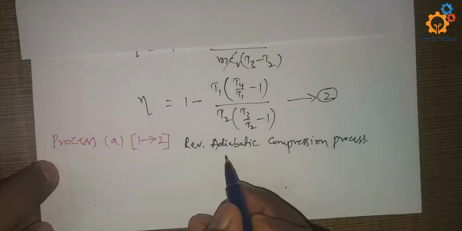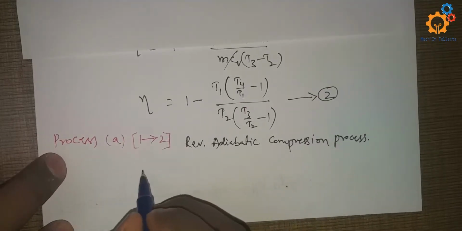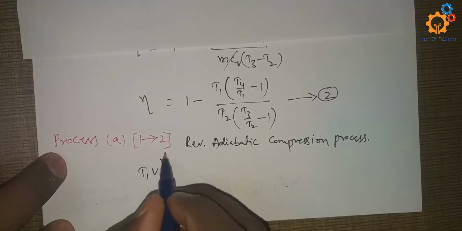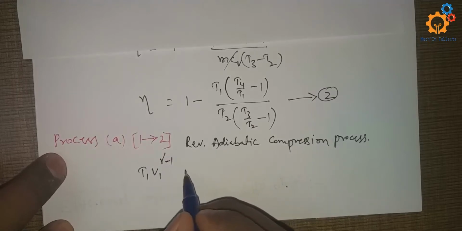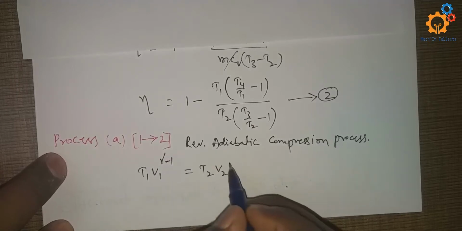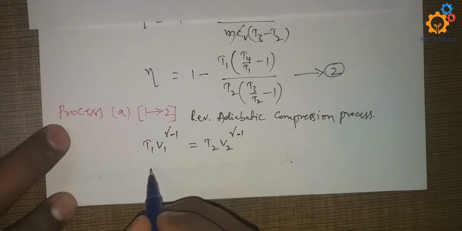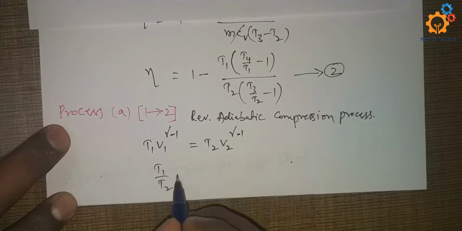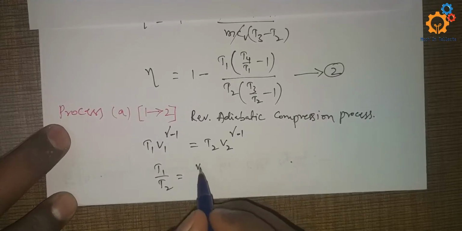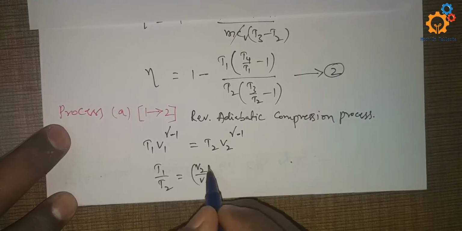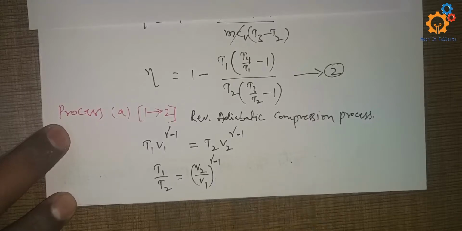Right? So we can take the relation T1 V1 power gamma minus 1 is equal to T2 V2 power gamma minus 1. So from this, T1 by T2 can be written as V2 by V1 whole power gamma minus 1.